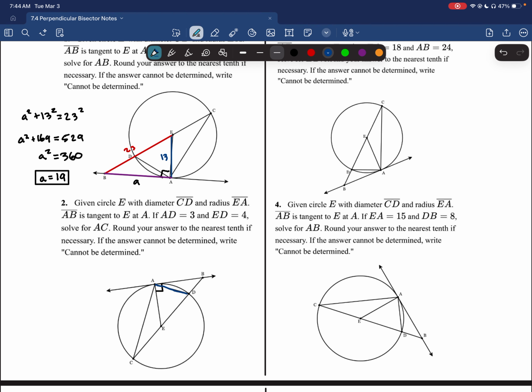So this distance right here is 3. Okay, and ED is 4. So this distance right here is also 4. Okay, solve for AC. So I'm trying to find this distance right here.